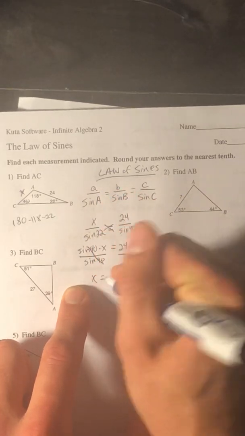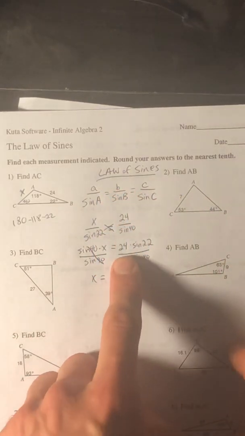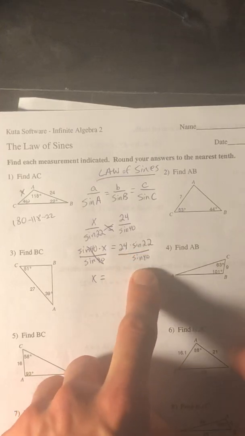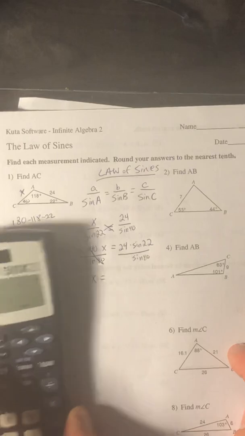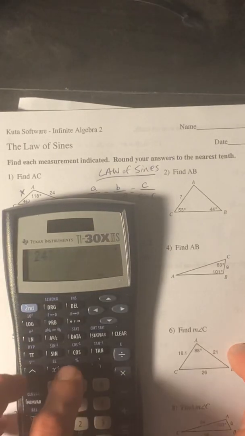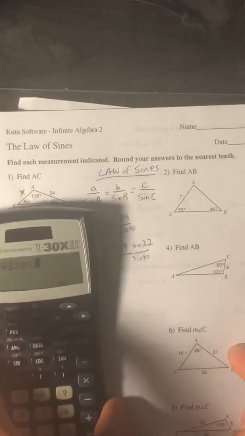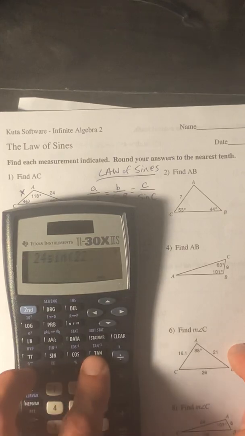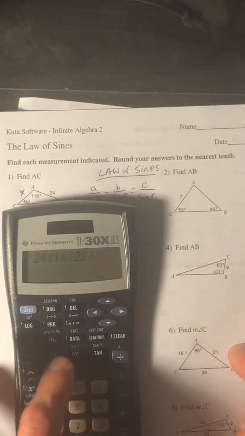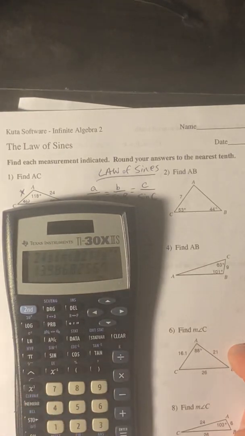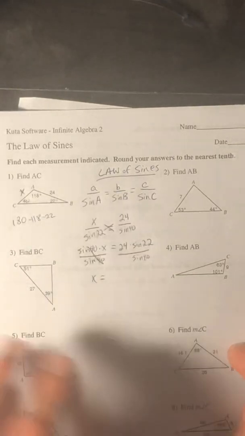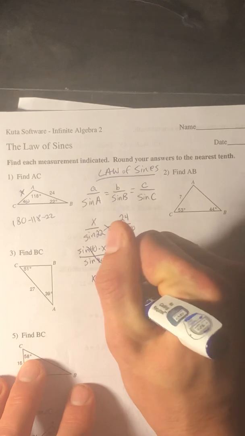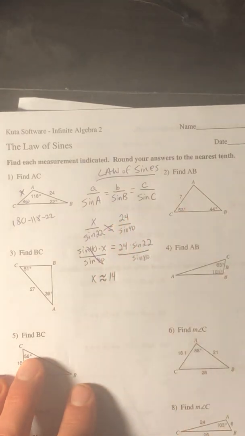And I've got X is equal to 24 times the sine of 22 divided by sine of 40. So I just take it right here, 24 times the sine of 22 divided by sine of 40. And that's equal to 13.98. I'm going to go ahead and say that it's about 14. Okay.